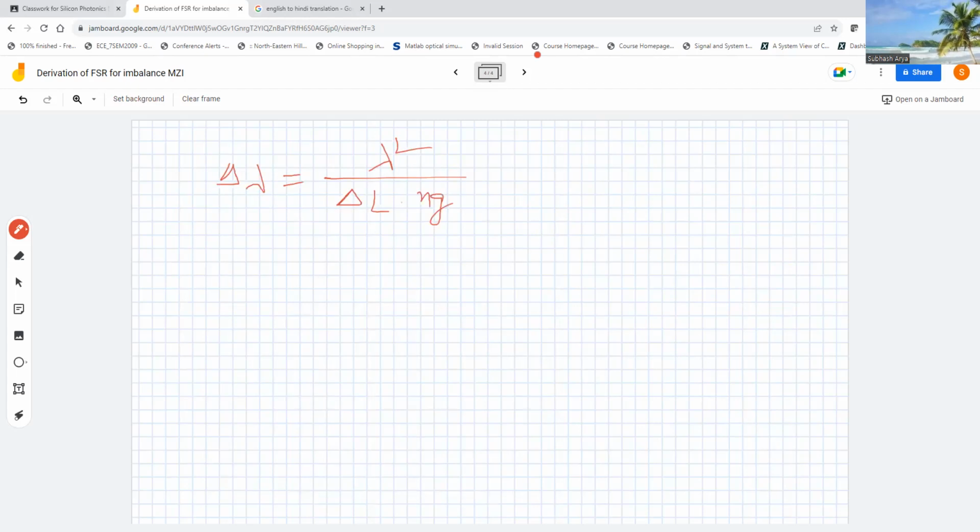And the expression for the group index is n minus lambda dn by d lambda. So this is called the group index.